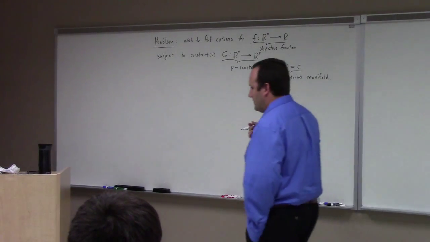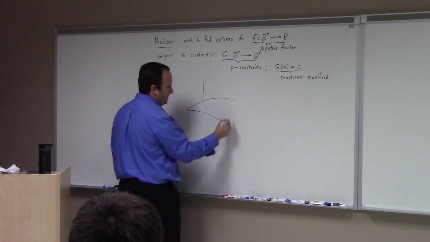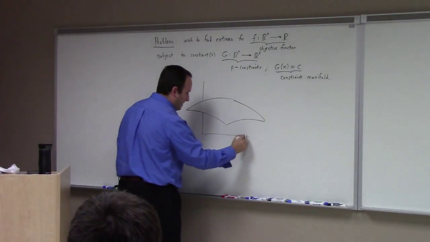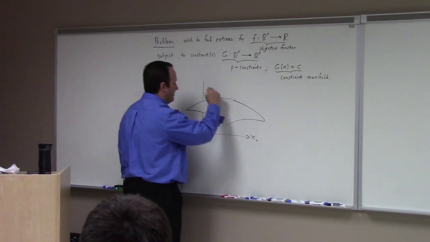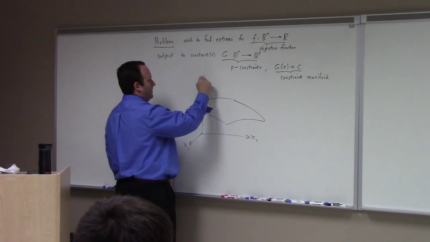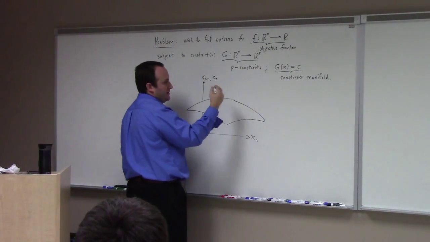And let me just draw a picture for you of what's going on. So, here's Rn, n dimensions. And then let me give this thing a name.